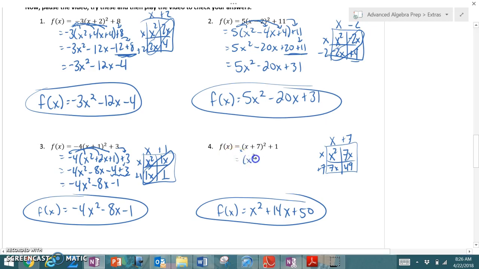So if I have x squared plus 14x plus 49 plus 1, okay? Again, if you wanted to put a 1 in here, you could distribute it through, but it doesn't change anything. So you would still have x squared plus 14x plus 49, and then you just do the 49 plus 1. So it's x squared plus 14x plus 50.